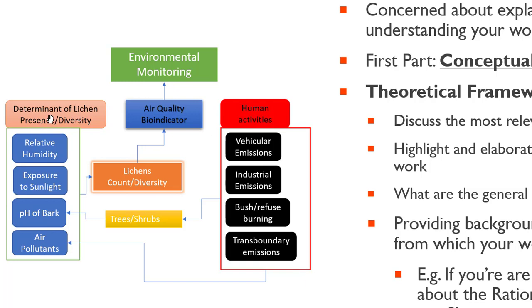Either they are going to be there, and the diversity in terms of the different types that you can find. So all of these affect lichens, so they affect their count and they affect their diversity. And their counts and their diversity can indicate the air quality.